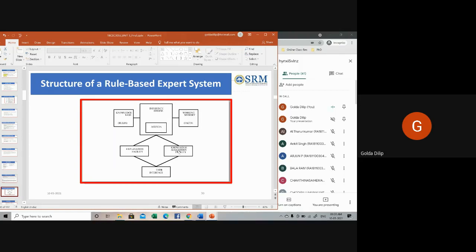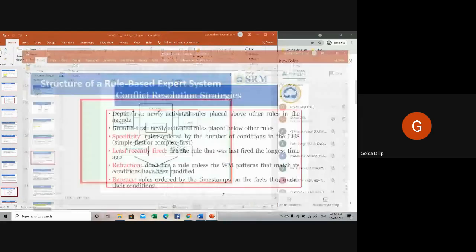Okay, so when it comes to rules, when you have multiple rules, there can be cases of conflicts too. Conflicts can arise with regard to the selection of rules also. We had already discussed the conflict resolution strategies in the third unit.